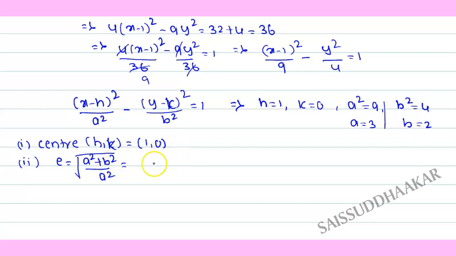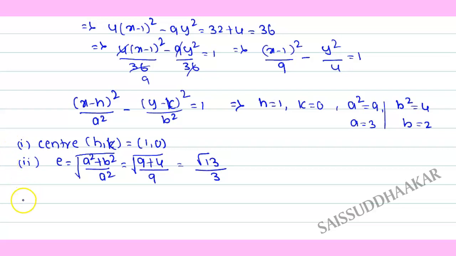A square value is 9 plus 4, by 9. So 9 plus 4 is 13. So here root 13 by root 9 will become 3. So here we are getting eccentricity is root 13 by 3.